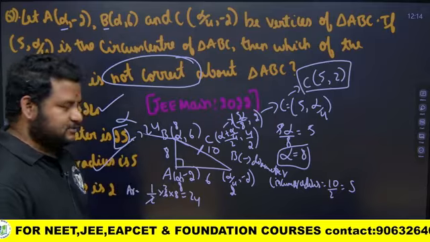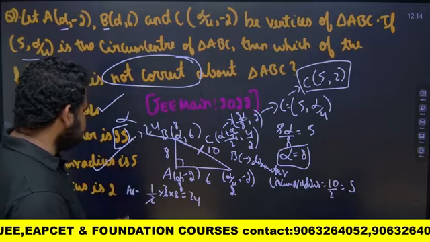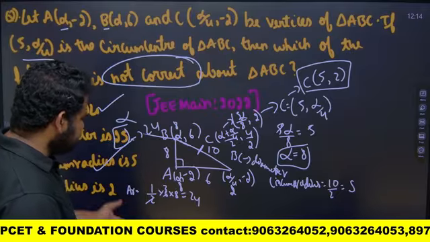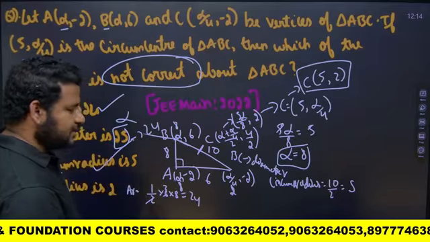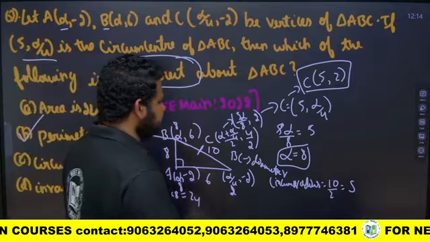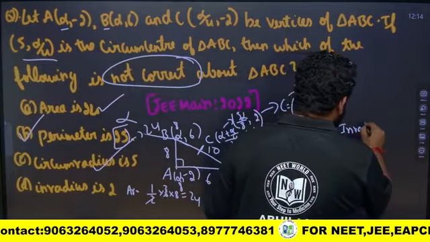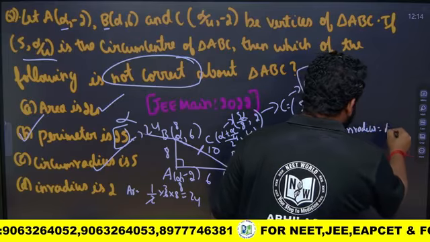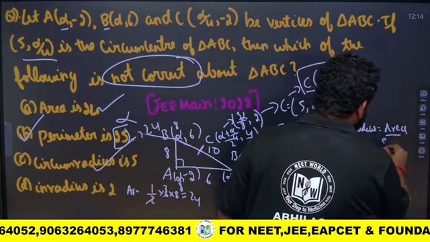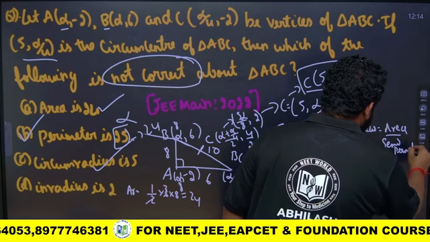What about the inradius? The inradius is also easy. The inradius formula is the area of the triangle divided by the semi-perimeter, that is half of the perimeter.